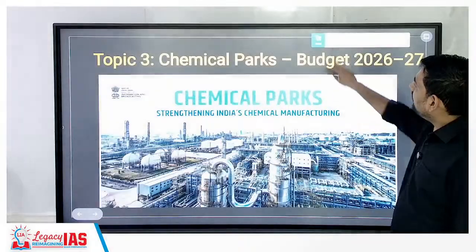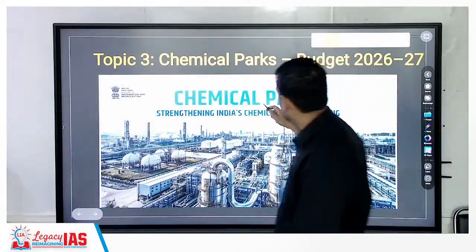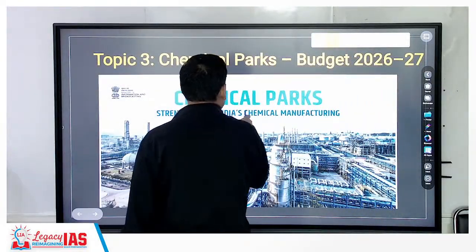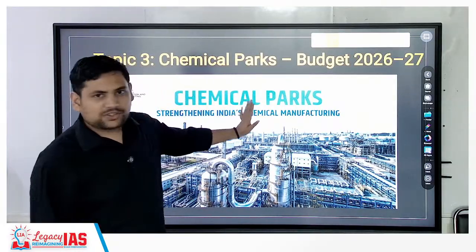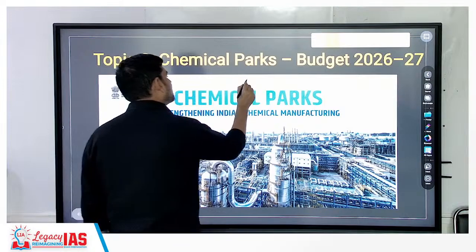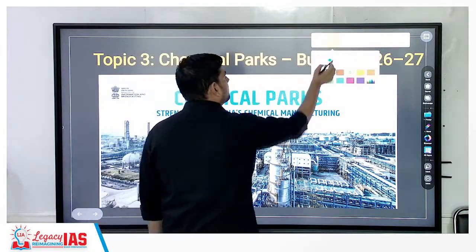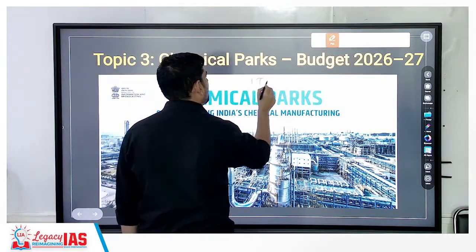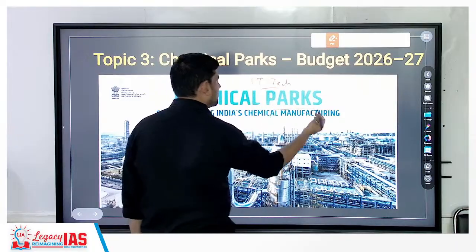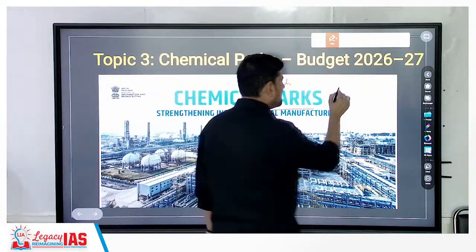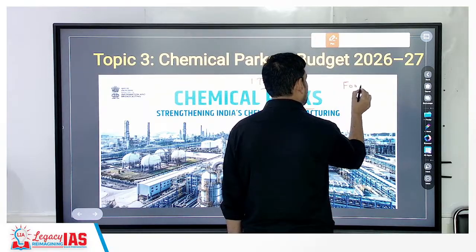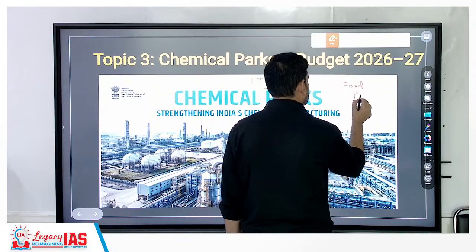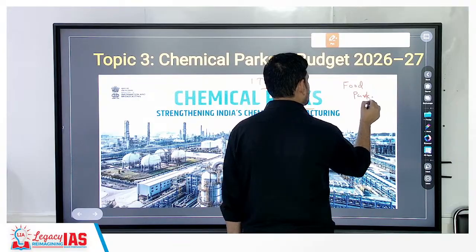Now, where have you heard this term parks? You might have heard of children's parks and all that, but if, let's say, you are in Bangalore, you must have heard of something called IT tech parks. Then, if you have done your economy course well, you must have heard of food parks or food processing parks. Right?